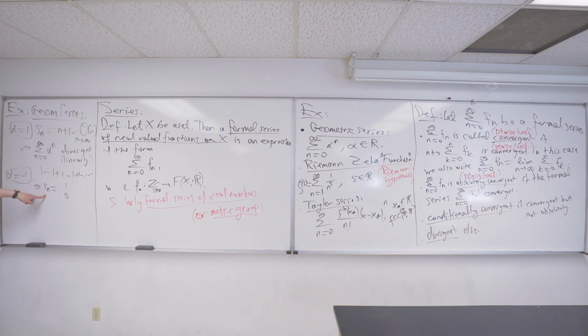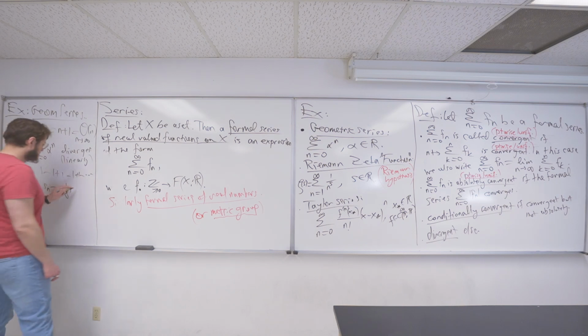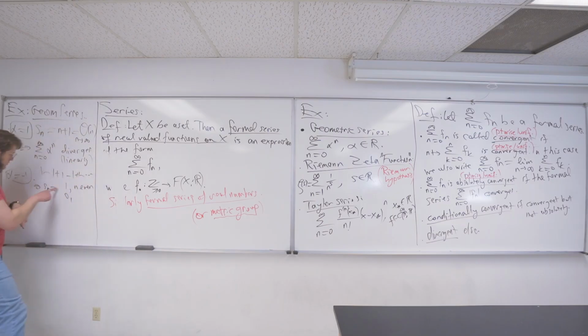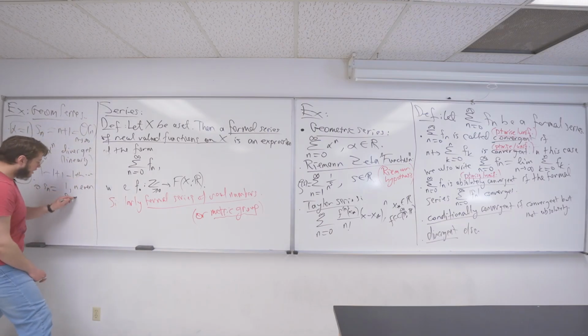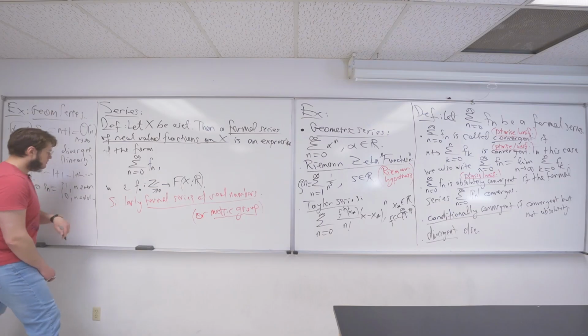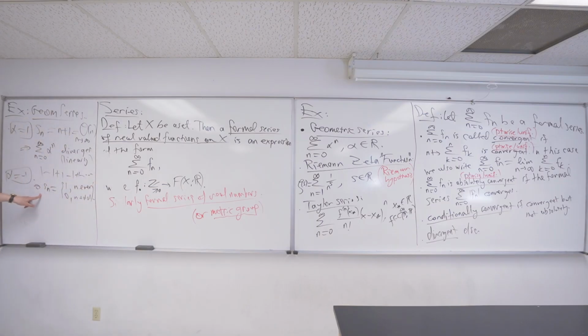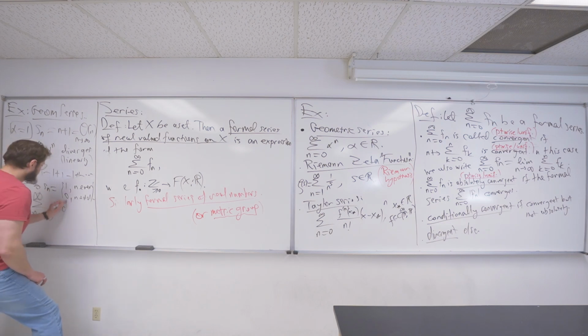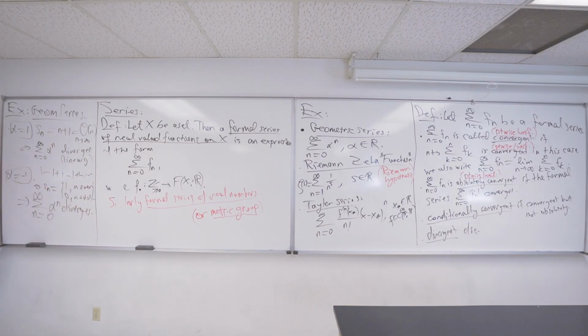If n is even, s sub n is 1. If n is odd, the partial sum all the way up to n is 0. So this sequence of partial sums just alternates between 0 and 1. Consequently, it is divergent. Does this make sense?